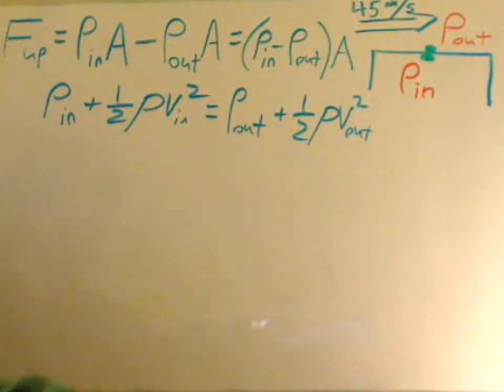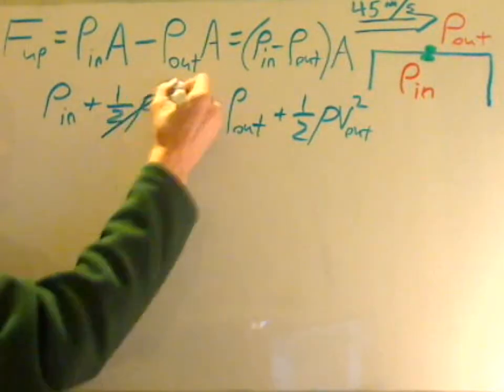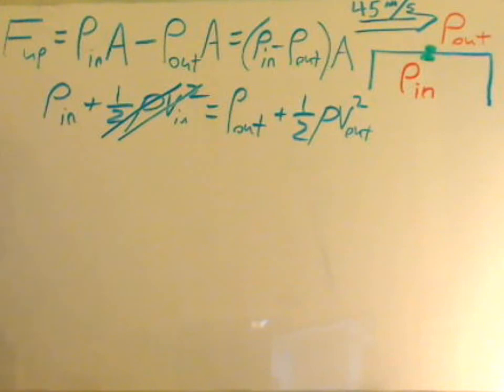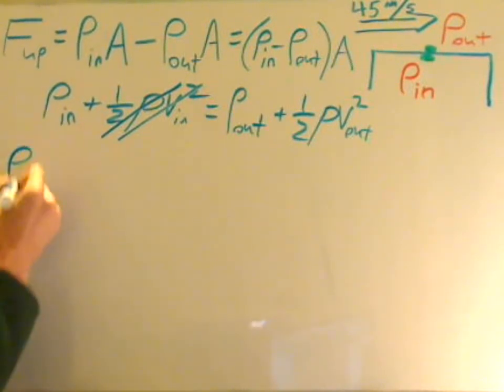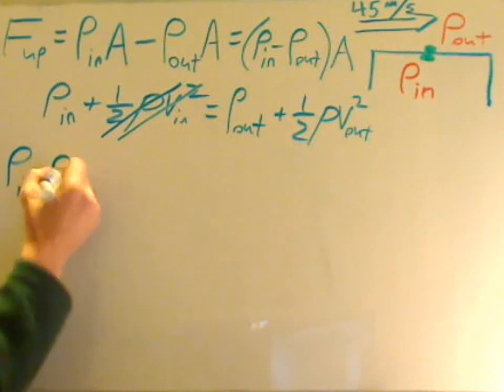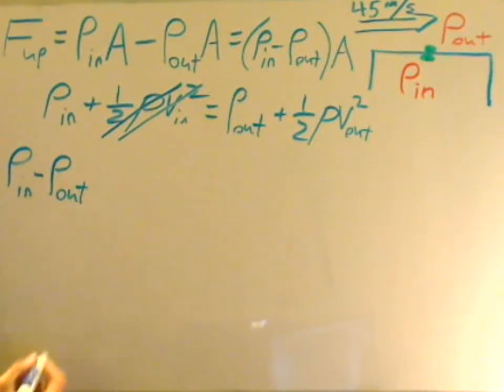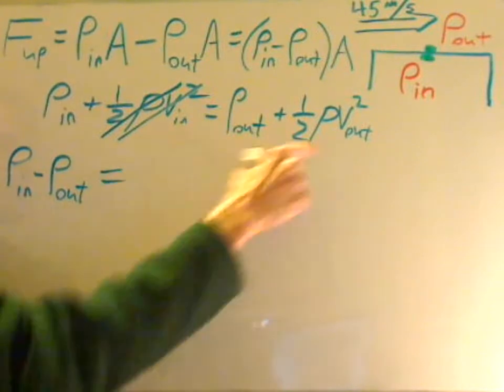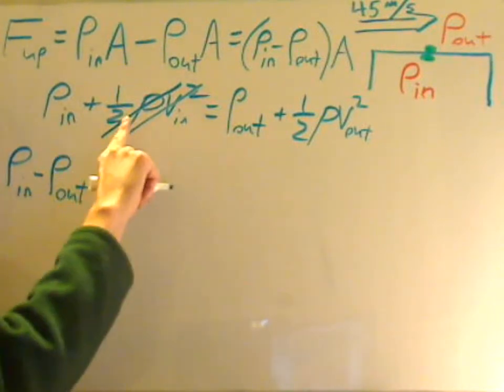All right, so what's our inside velocity? Well, it's 0, so that term goes away. If we want to know the difference in pressure between inside and outside, which is what we need to calculate the force, we subtract pressure out from both sides.